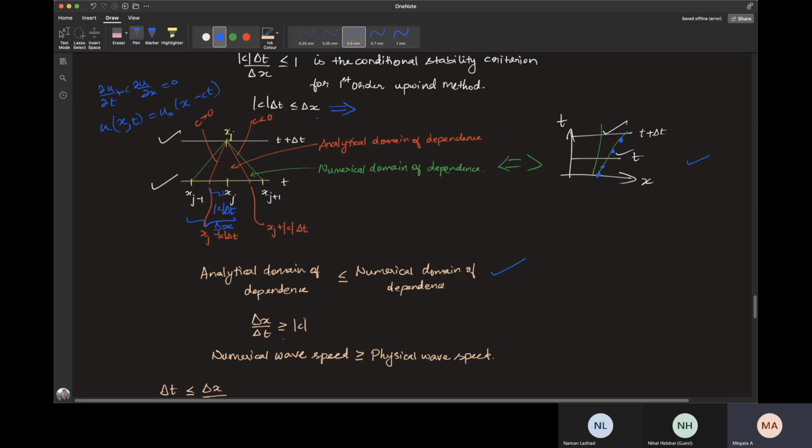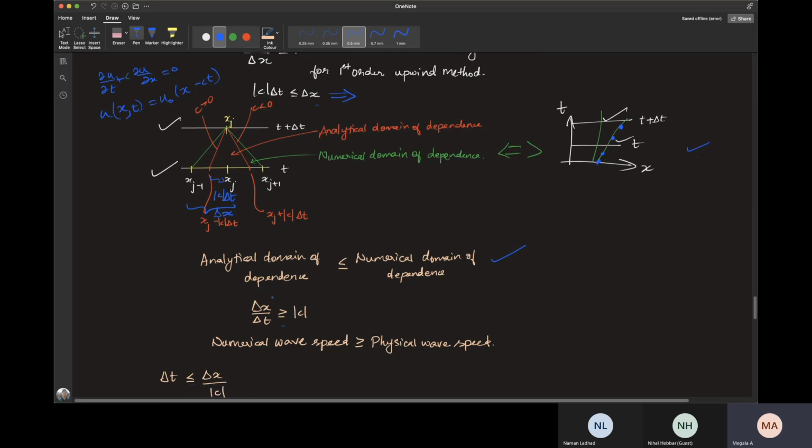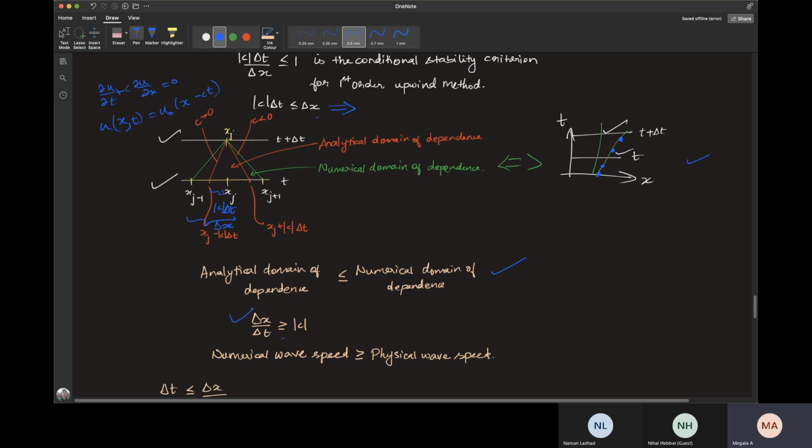Delta x by delta t will always be greater than or equal to mod c. So from this, what we are seeing is this is our numerical wave speed and this is our physical wave speed. So mod c is the physical wave speed, and delta x by delta t is your numerical wave speed. So this condition ensures that your numerical wave speed always is greater than or equal to your physical wave speed.